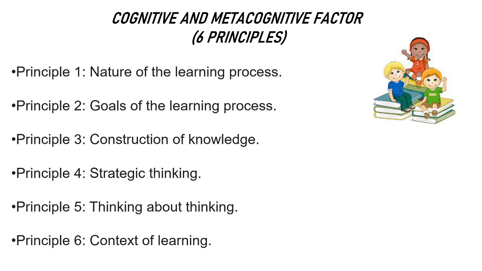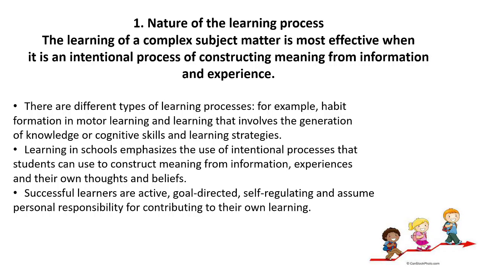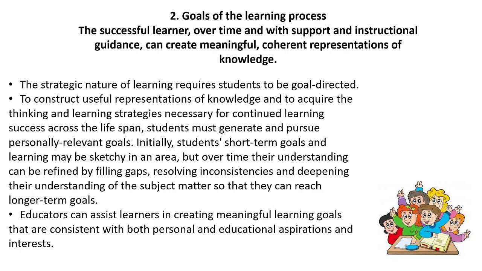The fifth one is thinking about thinking. And the sixth or last one is context of learning. So that would be the 6 principles under cognitive and metacognitive factors. Alright, so now I have already discussed the first to sixth principles.